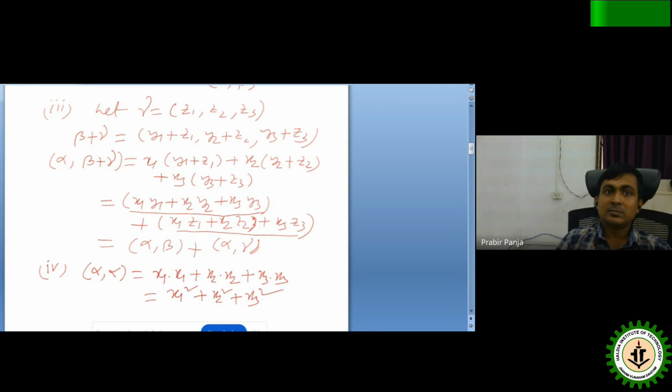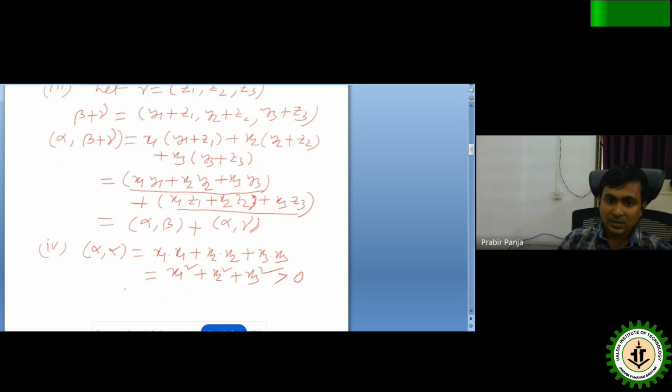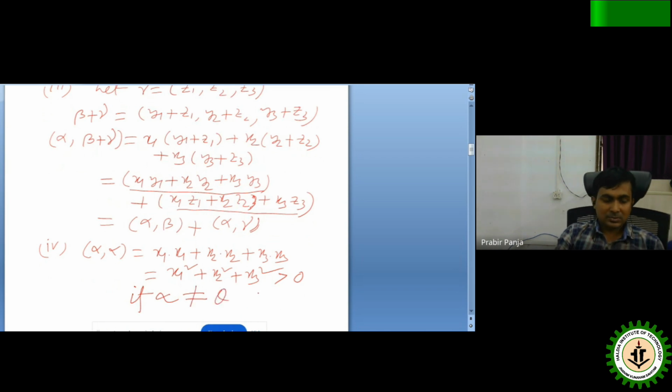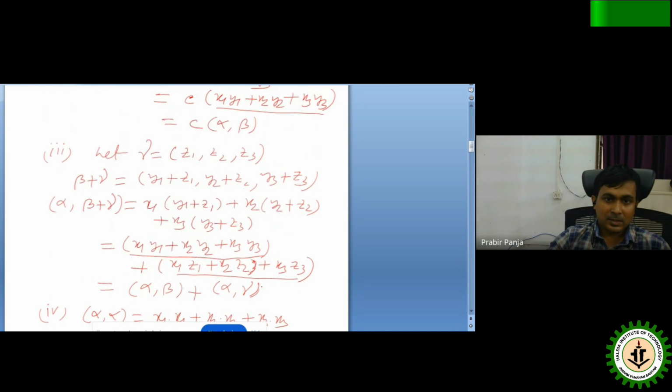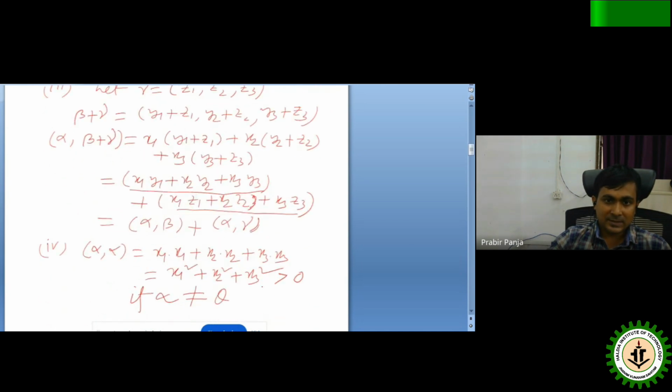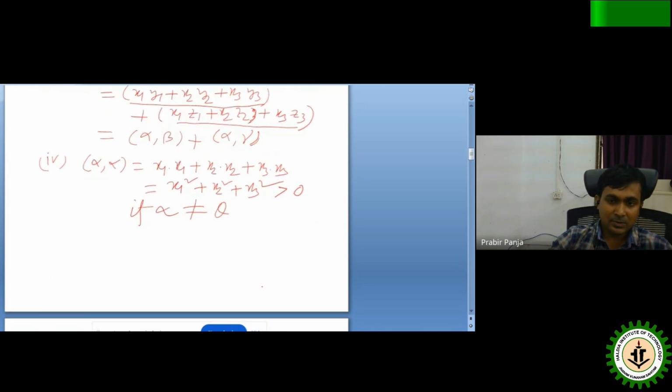And this value will always be greater than 0 whenever alpha is a non-null vector. This will always be greater than 0 if alpha is not equal to a null vector theta. So from this result, we can see the product rule alpha beta satisfies the four conditions for real inner product space.